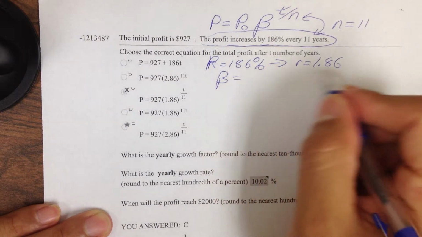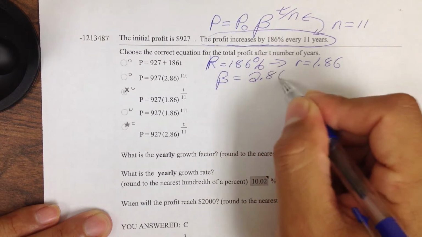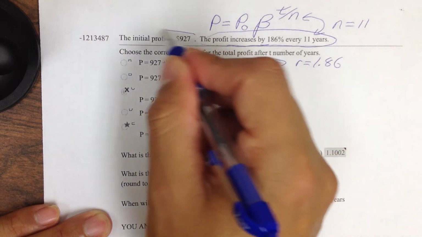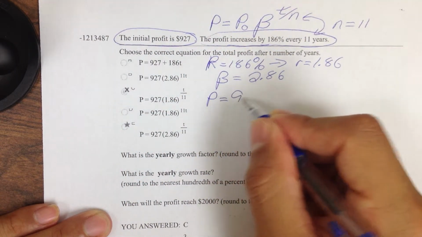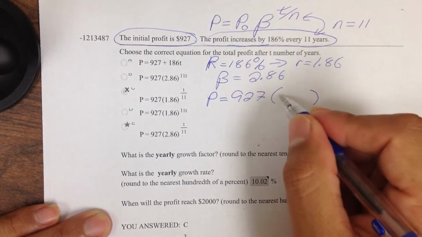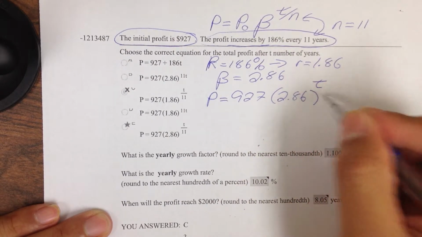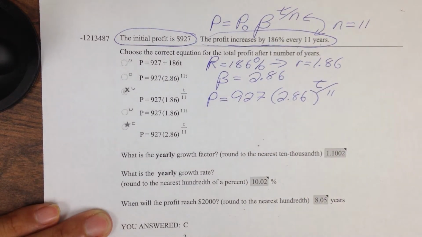So add 1 to 1.86, I get 2.86. And now I have my exponential function. The initial value of profit is 927. My relative factor beta is 2.86, and beta is occurring every 11 years. So this is my exponential function.